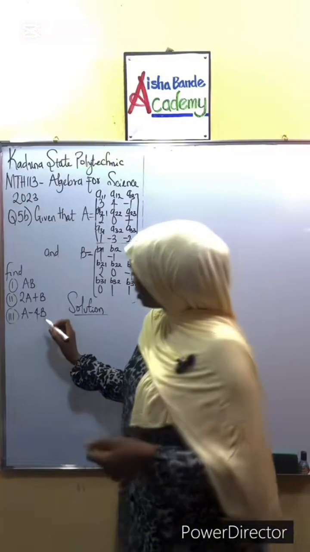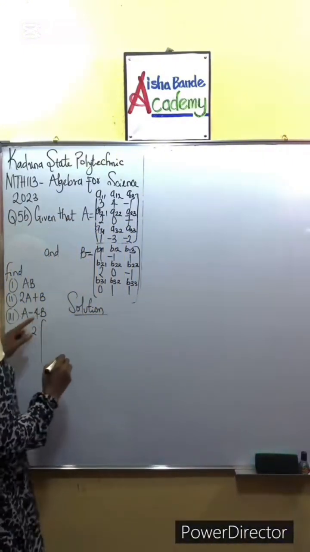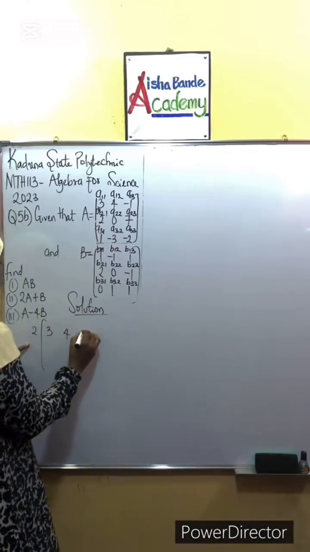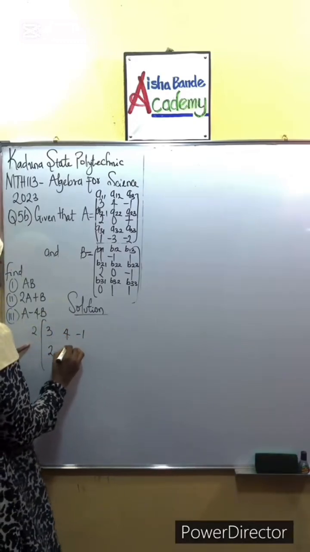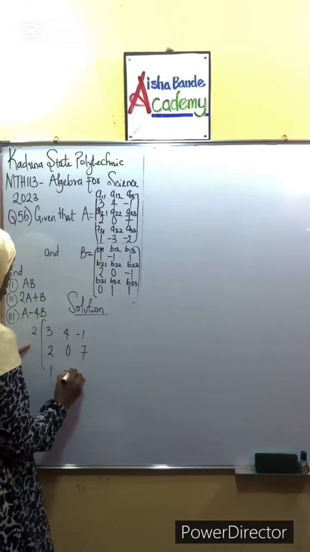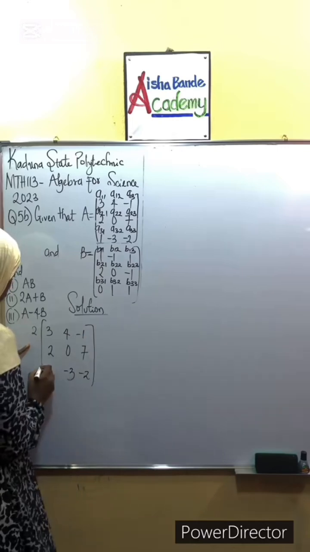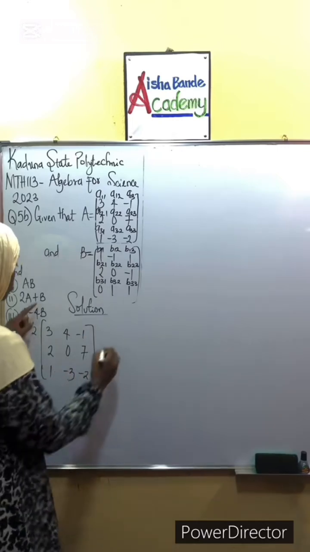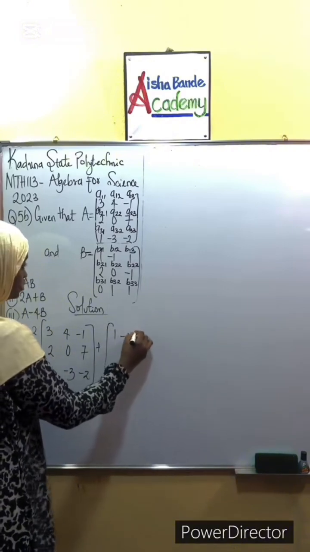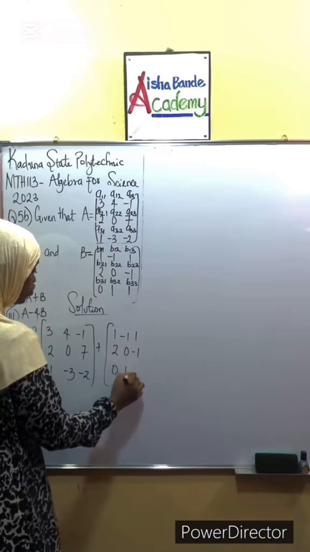So for 2A plus B, this means 2 times matrix A. Matrix A is 3, 4, minus 1, then 2, 0, 7, 1, minus 3, and minus 2. So this is what 2A means. Then plus matrix B, which is 1, minus 1, 1, then 2, 0, minus 1, 0, 1, 1.